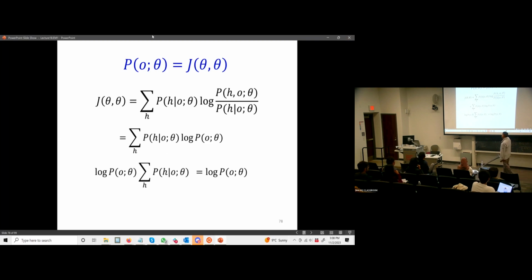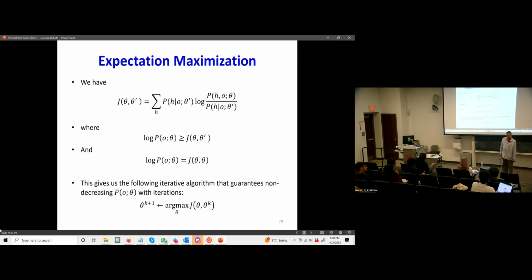And so using all of these, we end up with this crazy looking formula, which looks kind of mystical. What on earth does all of this mean? We'll look at some pictures, and maybe the pictures will enlighten us. But first, let's look at what this is. We have defined our J of theta, theta prime, which we will call our auxiliary function, which is a function of two different settings of our parameter theta.